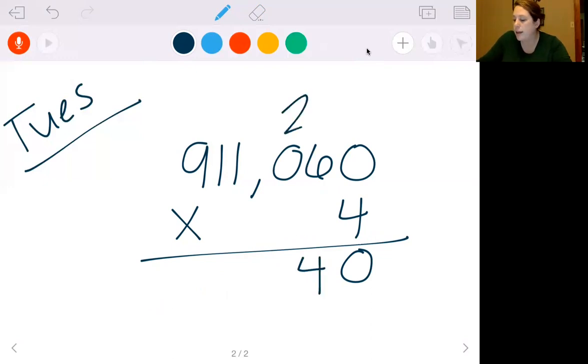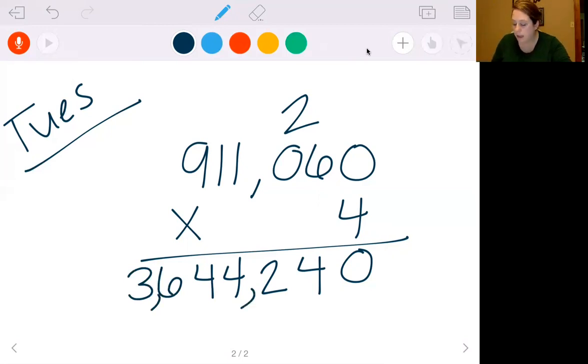Put down your 4, carry your 2. 4 times 0 is 0, plus 2 is 2. 4 times 1 is 4. 4 times 1 is 4. 4 times 9 is 36. So we're going to go over 3, and we get 3,644,240.